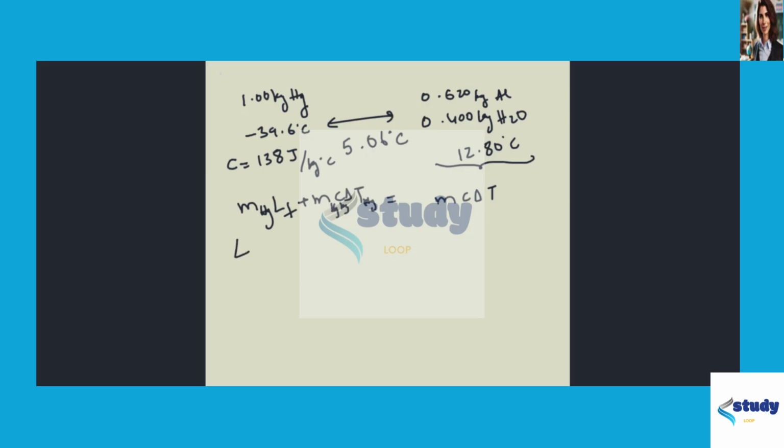So from this we can see that the latent heat of fusion of mercury is mc delta T for this setup.